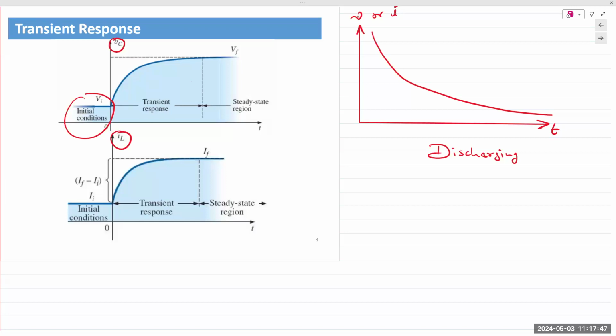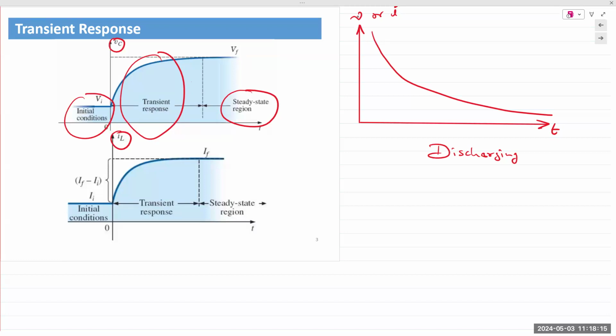And that portion is known as the steady state region, also known as the steady state response, because the value of the voltage or current doesn't change with respect to time anymore. It's constant. And the portion we are looking at in chapter 4 is this portion, transient response, where that curve signifies that at any given point in time, the value of the voltage or current could be different.